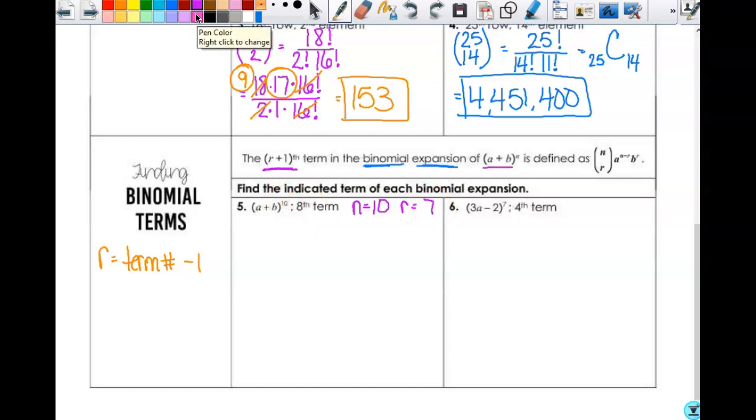So that means what I'm going to have is this combination, and then it's a to the n minus r power, so this is literally a here. So a to the 10 minus 7 power, and then b to the r power. Okay? So however you want to do this, 10, 7 here, let's just go back over here.